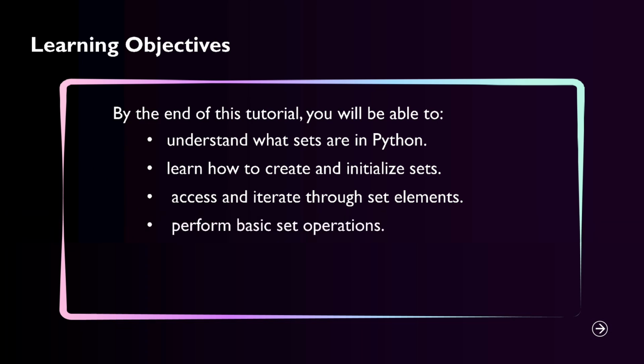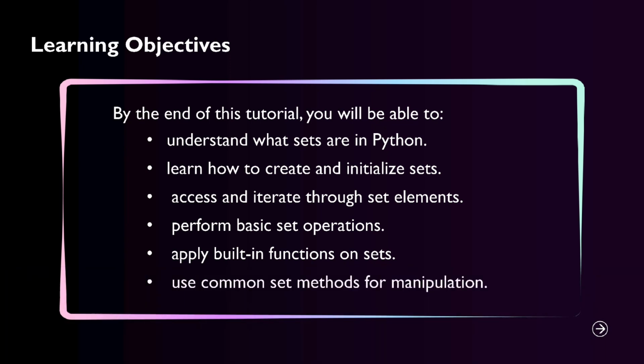You will be able to perform basic set operations such as union, intersection, and difference, which are especially useful when working with collections of data. You will be able to apply Python's built-in functions like length, max, and sum to manipulate or analyze sets. And finally, you will be able to use common set methods for adding, updating, and removing elements efficiently.